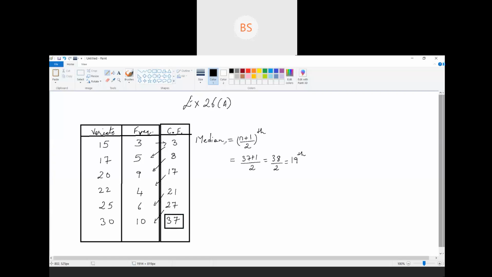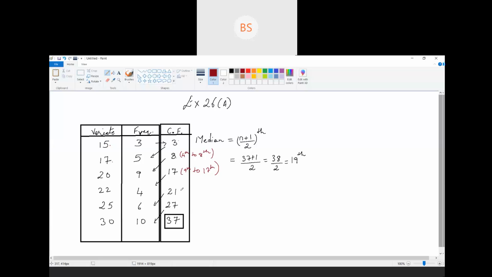Now here, as we have found out the cumulative frequency, this tells us that the value of the first three observations is 15. Then when I say here 8, from the fourth observation to the eighth observation, the value is 17. Then the ninth observation to the 17th observation, the value is 20.